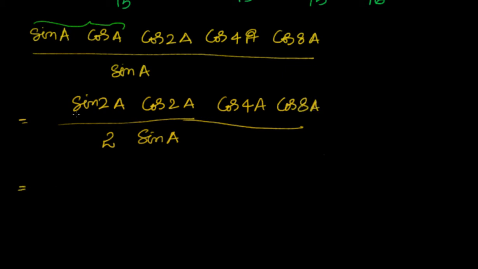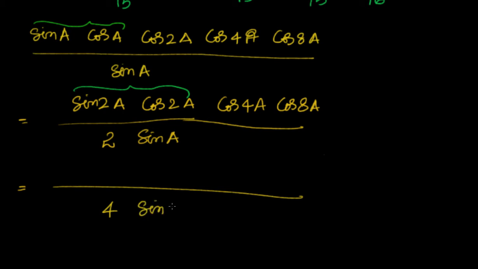Now you can see again, sin 2a cos 2a is nothing but half of sin 4a. So what I will get now is 2 into 2, 4. I have 2 already, I'll get another 2 here. So I'll have sin a.